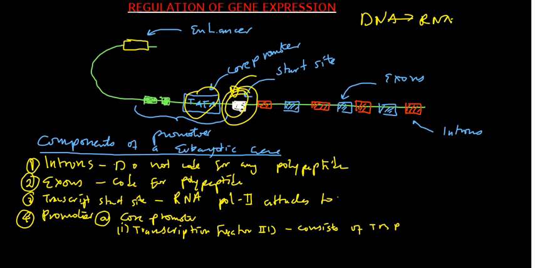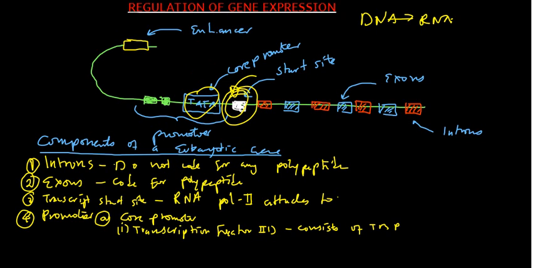So for us to bind to the Tata box, a lot of proteins have to combine. Over 50 proteins can combine to the Tata box and form an important complex that is responsible for controlling or regulating gene expression.